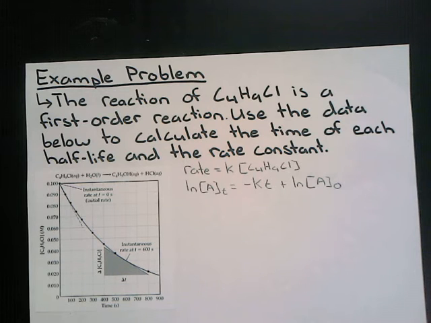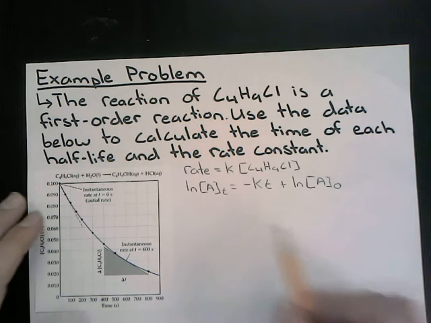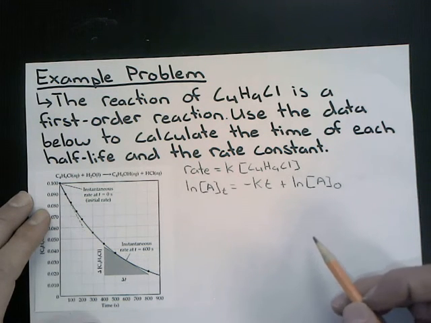So now what we need to be able to do is solve for K. We're wanting the half-life as well, so we can knock a couple of things out. Number one, let's go ahead and solve for K. So our whole goal here is going to be to solve for K.